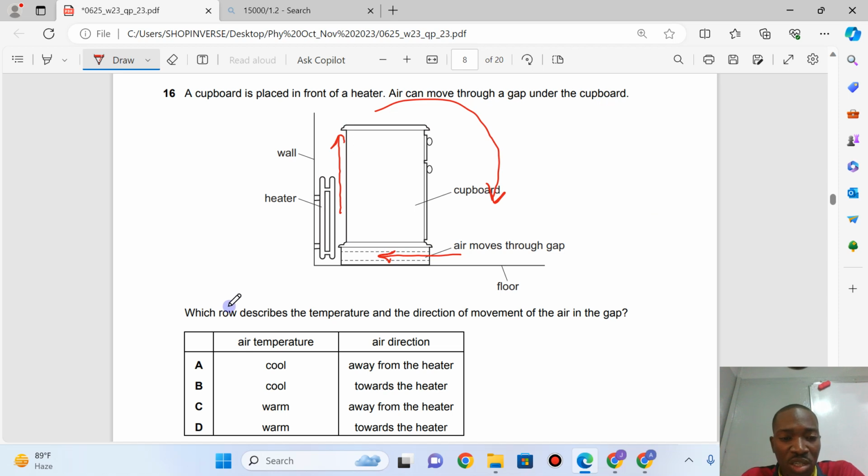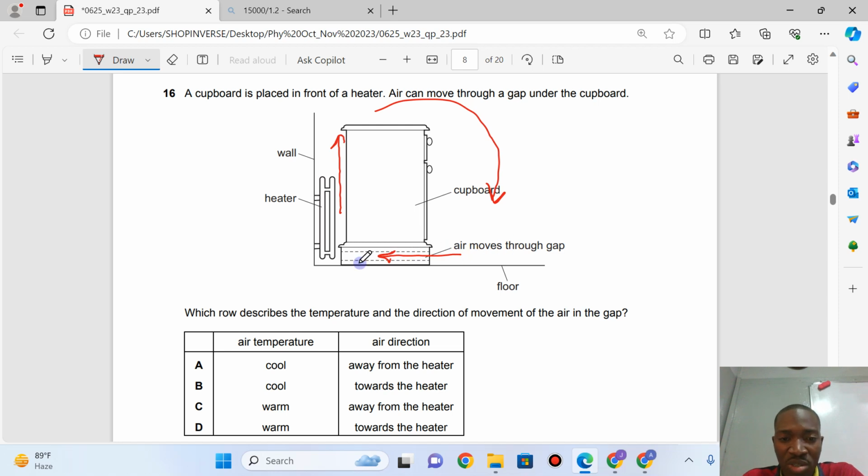Let's see which row describes the temperature and the direction of movement of air in the gap. Air temperature, cool. Air direction. In the gap, this is the gap. So what kind of air is moving into the gap? Is it cool air or hot air? It is cool air.